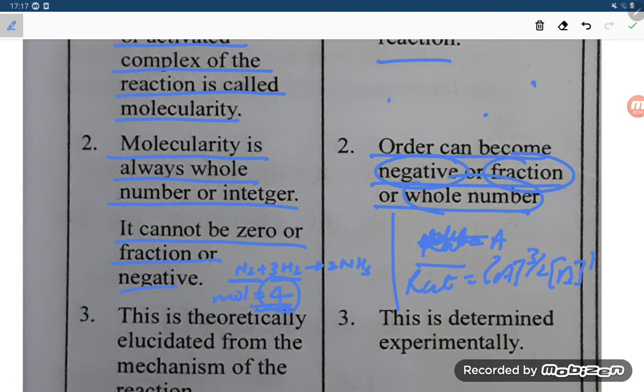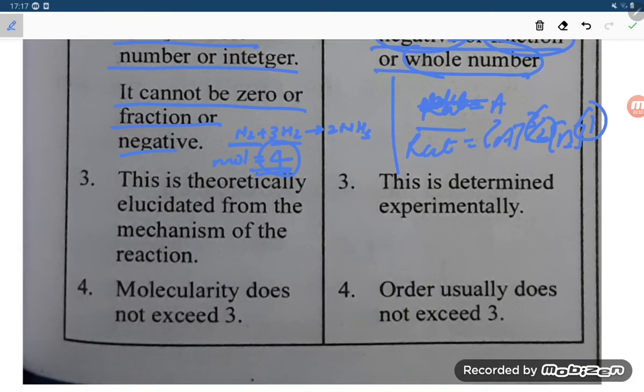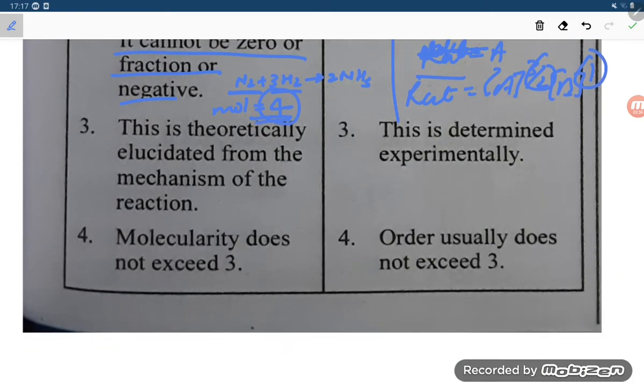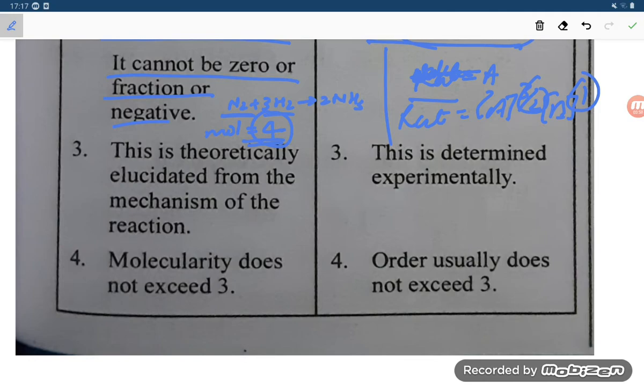What would the order be? Order is the sum of the powers: 3/2 plus 1, which is 5/2, that is 2.5. So the order can be a fractional number also, student. Order is possible fractional, but molecularity cannot be fractional or zero.